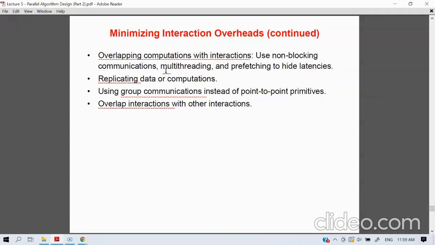Another way is to replicate the data, so any tasks or processes can access the data quickly. Or use group communication instead of individual point to point communication. The last one is to overlap the interaction with other interactions. If the interaction is similar to the previous one, maybe we can overlap it for the latter interaction or process.